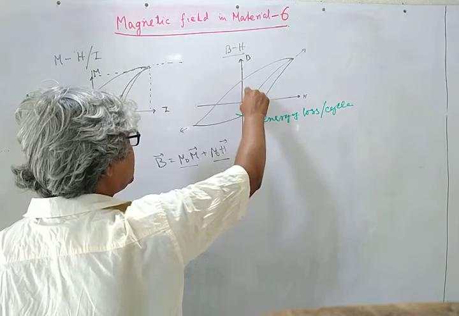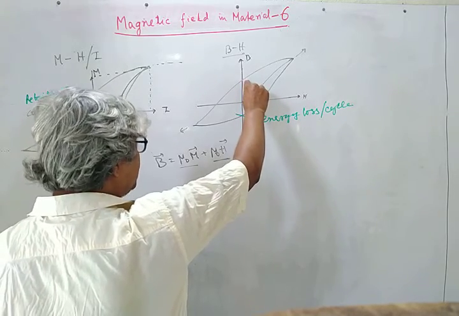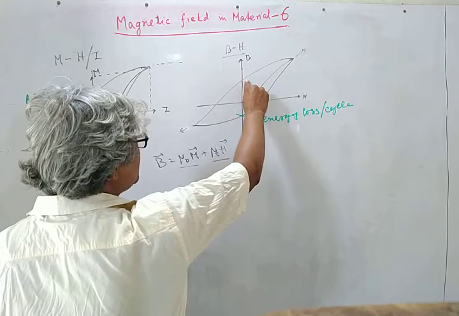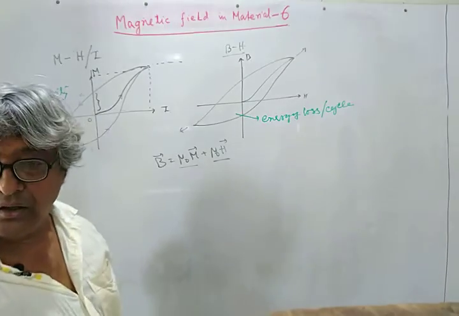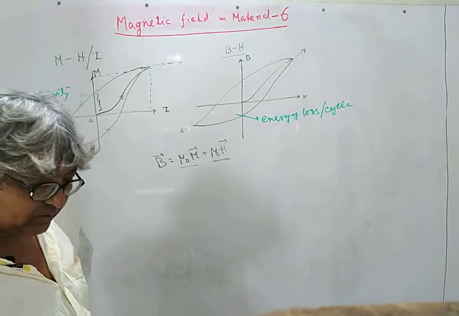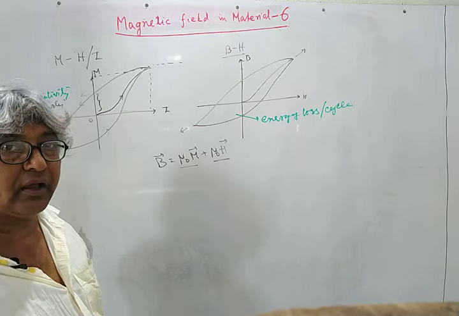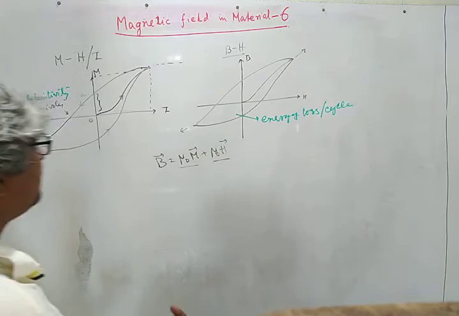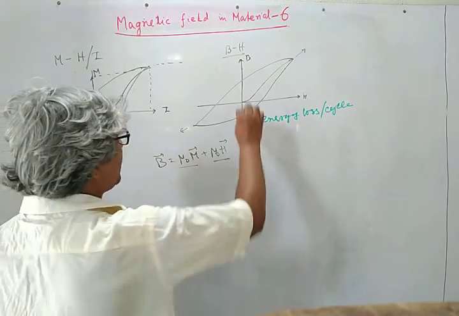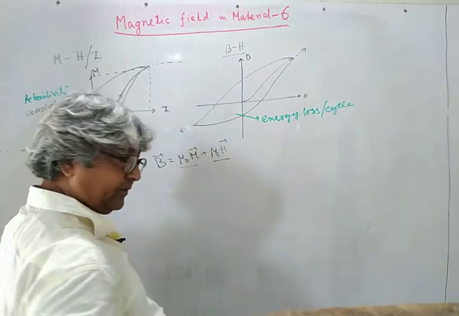So a material which has a high retentivity is used as a permanent magnet. On the other hand, if you want an electromagnet, so that the field goes to zero very fast as H is removed, then we should have a material with low retentivity.